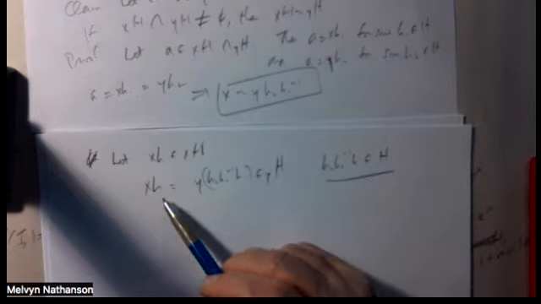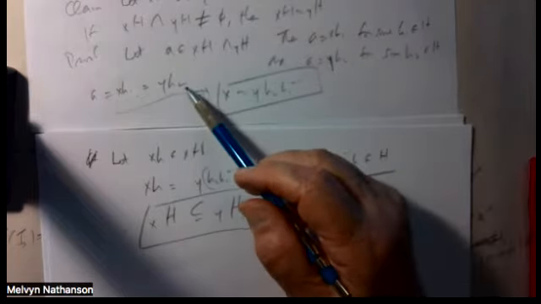And h2h1 inverse h are elements of H because H is a subgroup. So this is in yH. So this element xh is in the left coset yH, which means the whole left coset xH is contained in yH, right? Just coming from this equation.